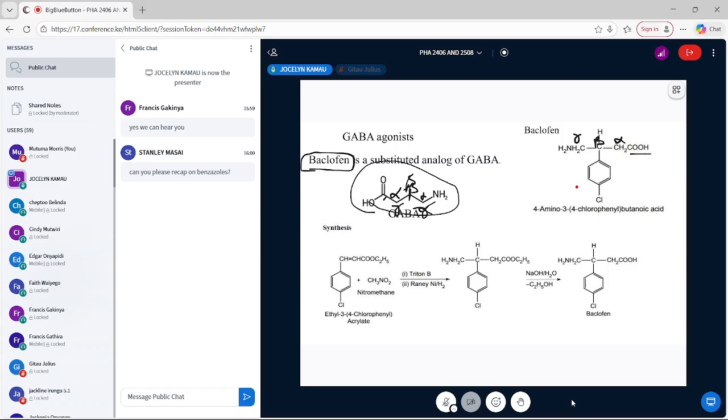So the substitution is usually very important. So that is baclofen, very important, a GABA agonist, and therefore it will do the same work as GABA. How do we synthesize it?